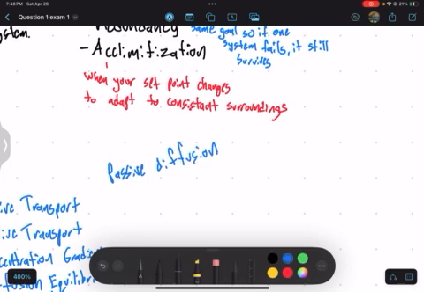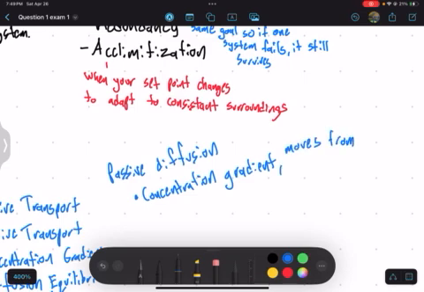Concentration gradient is the amount of solutes from one area compared to another. Well, it's just the concentration of solutes in one area. The gradient is when it's compared to another area. It moves from high to low.